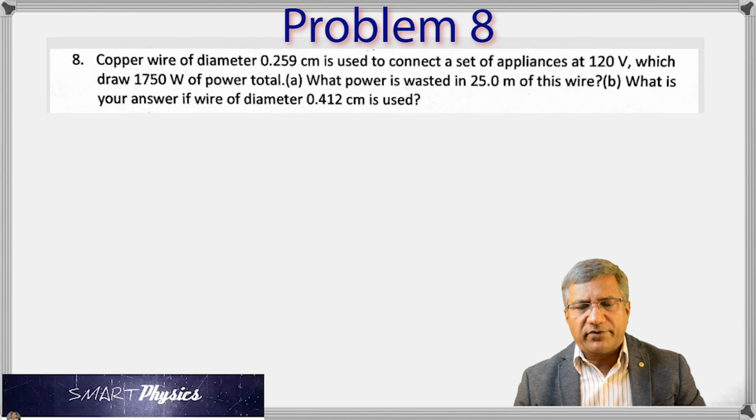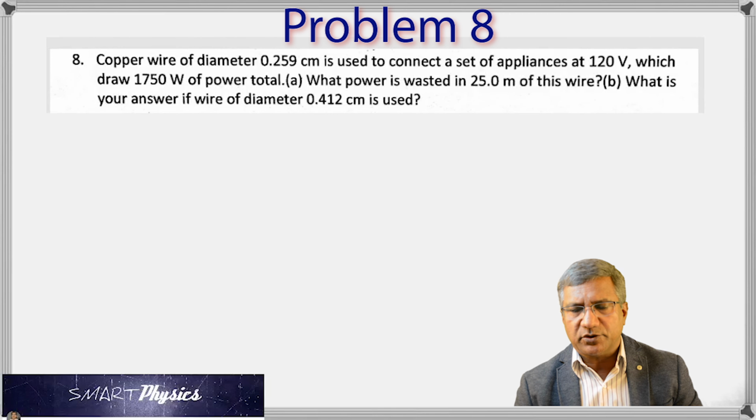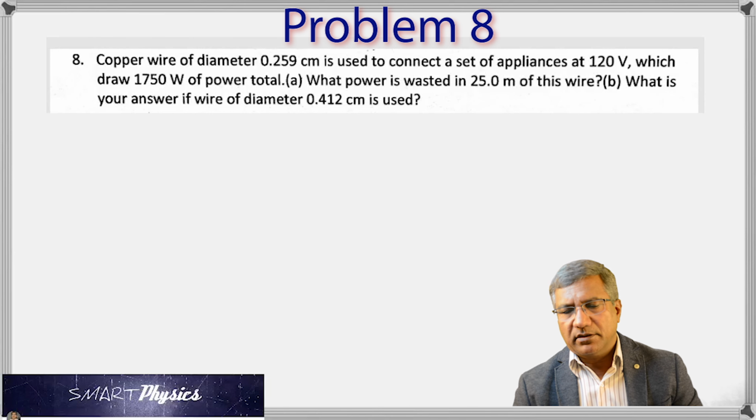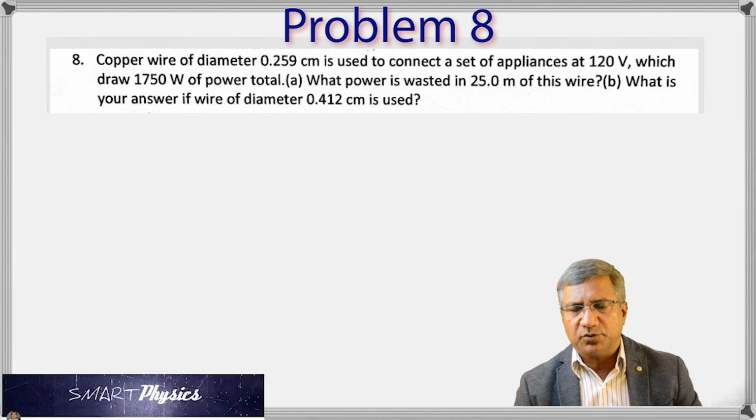A copper wire of diameter 0.259 centimeter is used to connect a set of appliances at 120 volt, which together draw 1750 watts of power. Okay? So what power is wasted in 25 meter of this wire?